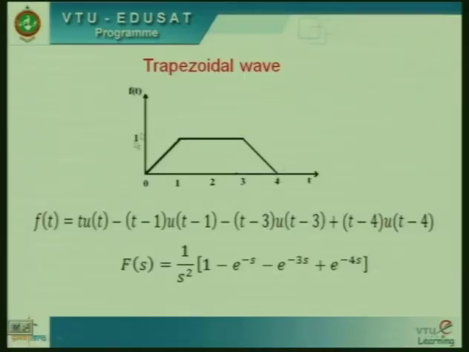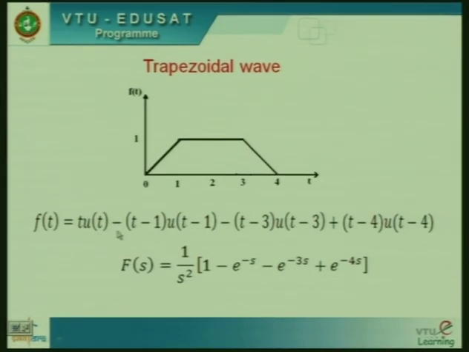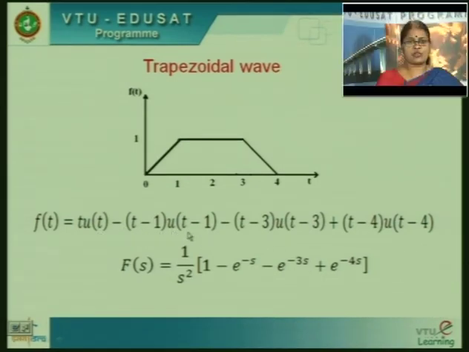So, if I combine all these concepts and write the equation, I can write f of t is equal to t into u of t minus (t minus 1) u of (t minus 1) minus (t minus 3) u of (t minus 3) plus (t minus 4) u of (t minus 4). We can easily find the Laplace transform of this expression.